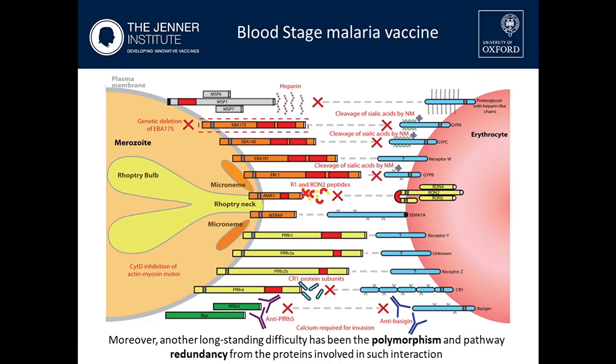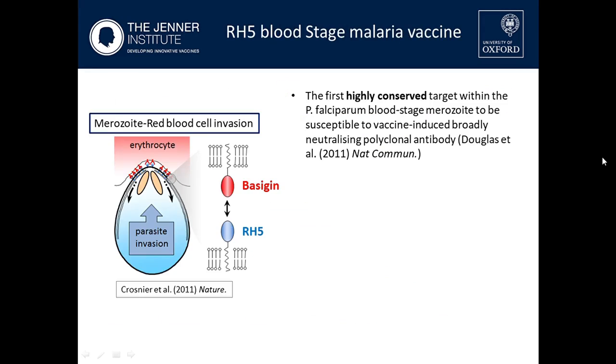On top of this complexity, another difficulty is that these different proteins are highly polymorphic and also redundant. If you tackle one, the parasite is able to use another one to infect the red blood cell. And it was not until 2011 that the first highly conserved target was discovered.